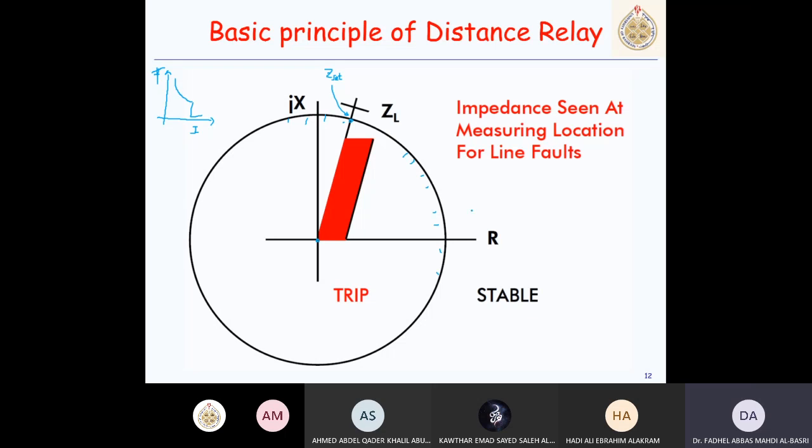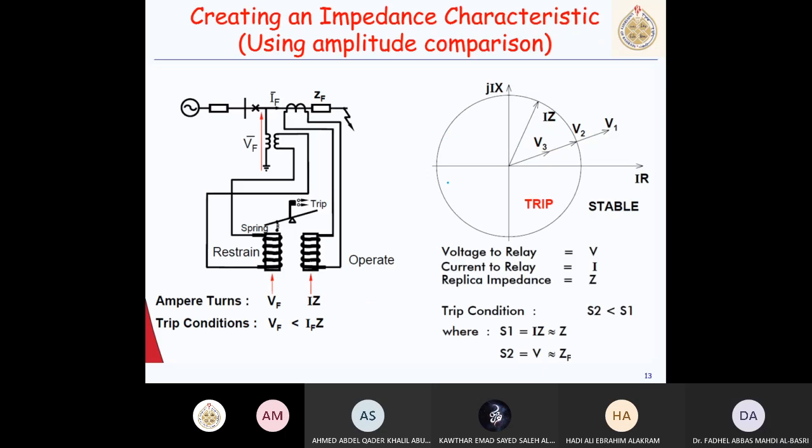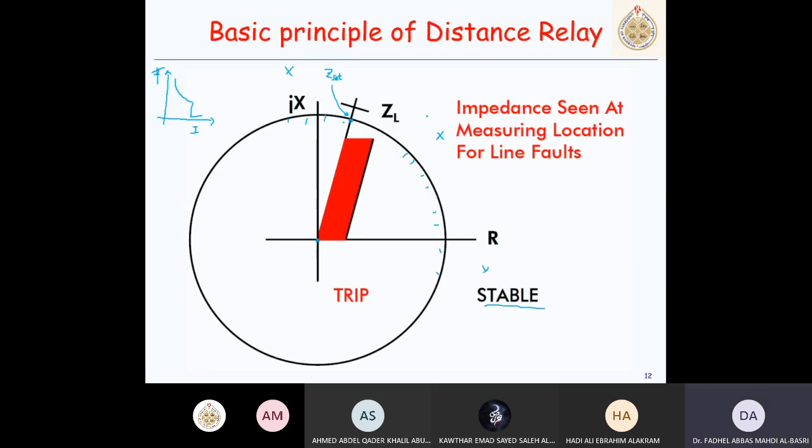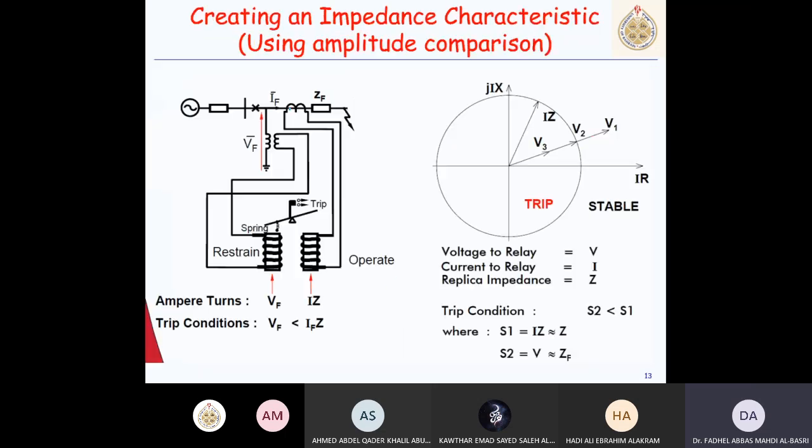If the fault is outside, the relay will be stable and will not operate. So for relays in general, I will now go over different types of trip characteristics.